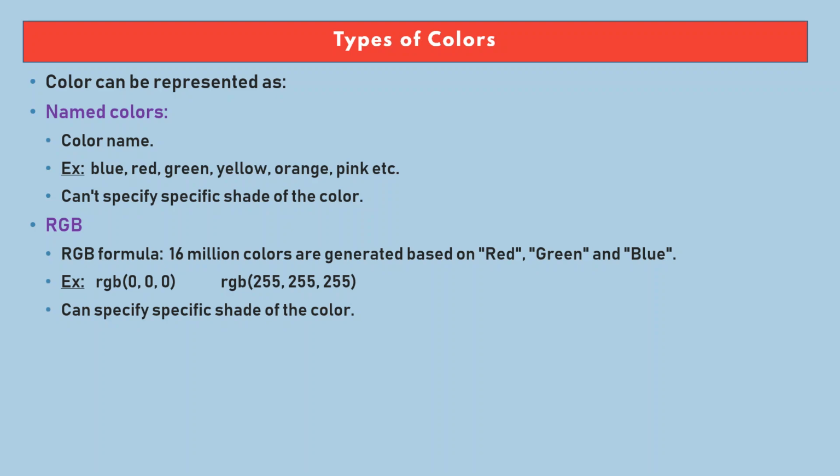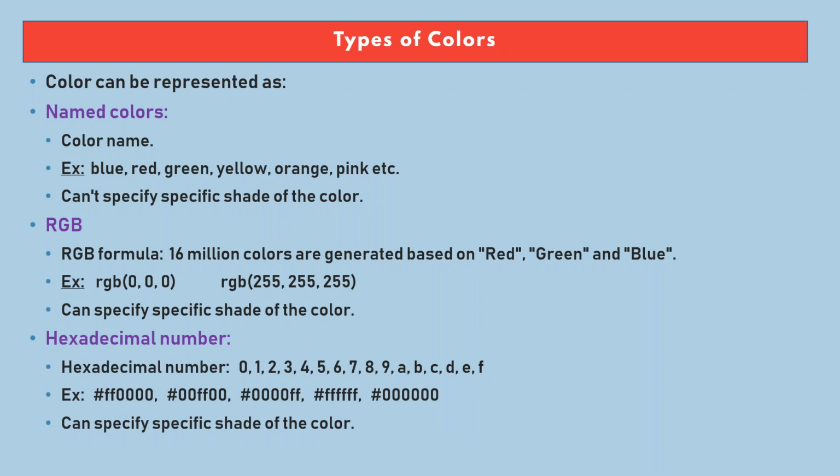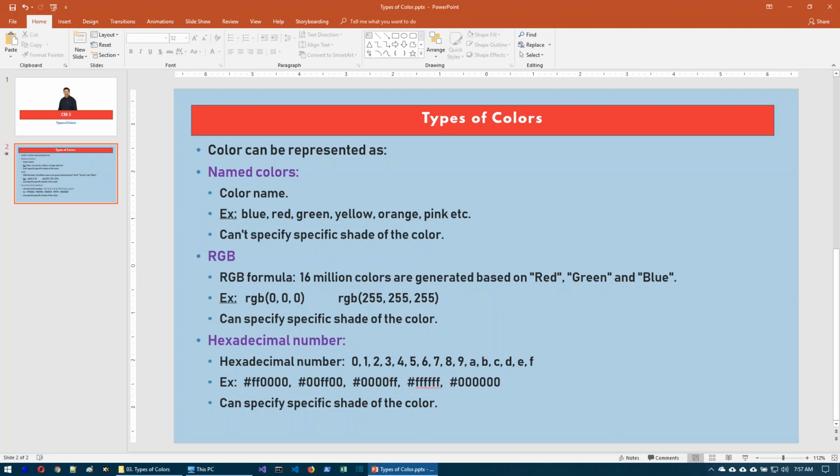Okay, this is all about the types of colors. Hexadecimal number, representationally it looks a bit different, but internally the formula is the RGB formula only. But in real time, the mostly preferred one is hexadecimal number.